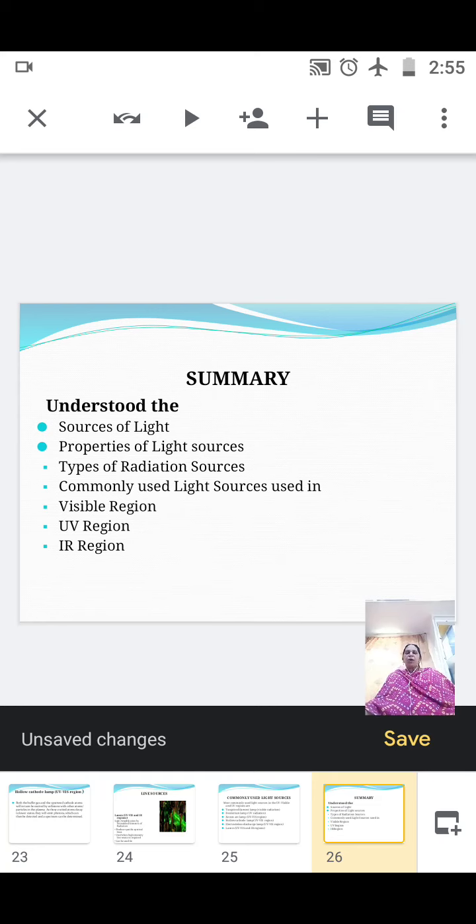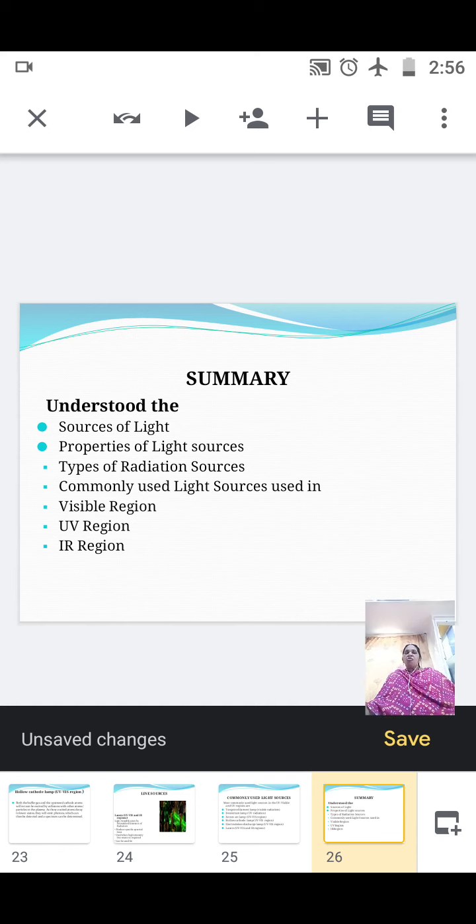What are the basic properties of light sources? A light source must be able to generate a beam with sufficient radiant power for easy detection and measurement.